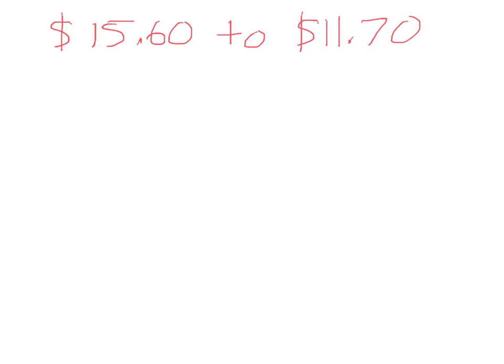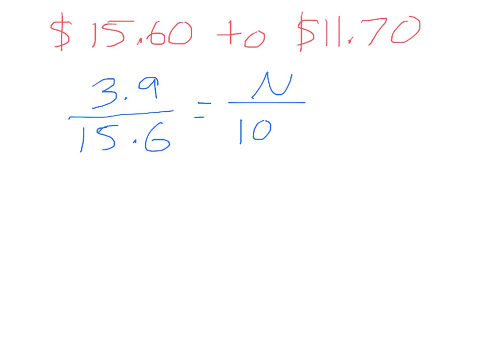Let's take a look at this one. If I set this up correctly, what would my proportion look like? 3.9 over 15.6 equals n over 100.